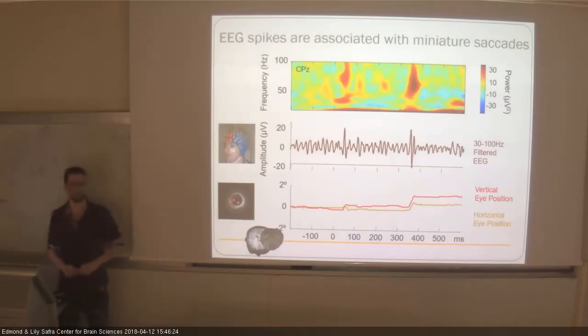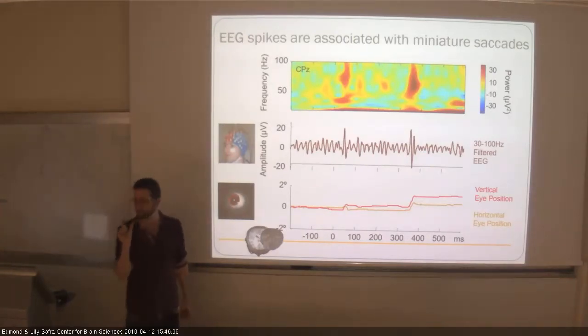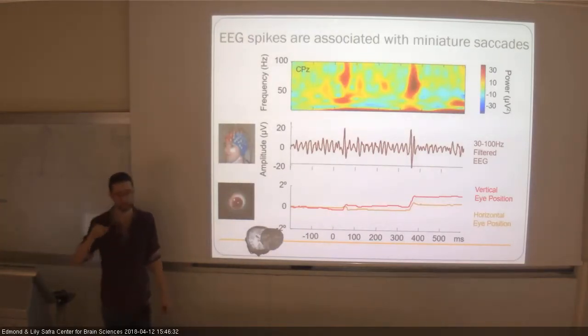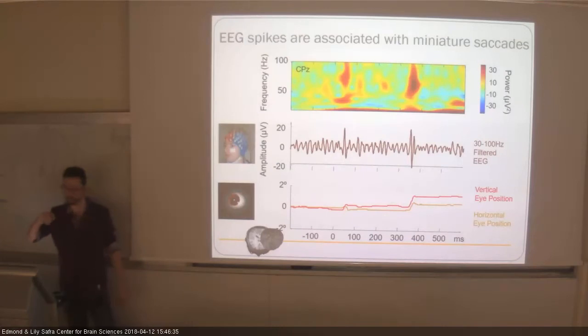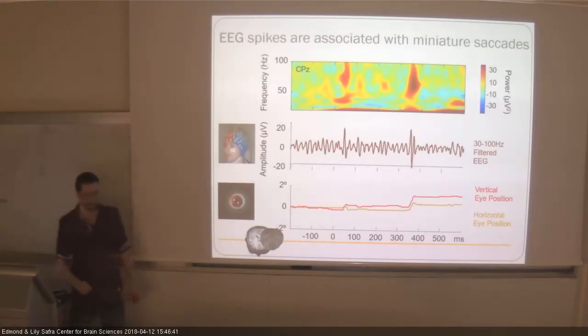So whenever we move our eyes, we activate the small muscles that move the eye, and this small activation, the neuron that controls the muscle, generates this small spike. Okay, it's a very small spike that you can measure around the eyes.